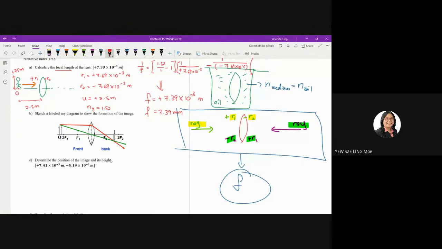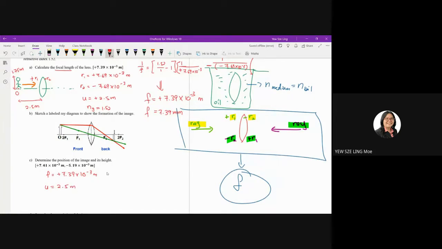So what is the information that we have right now? We have F equals positive 7.39 times 10 to the power of negative 3 meter. We also have the object distance, 2.5 meter.